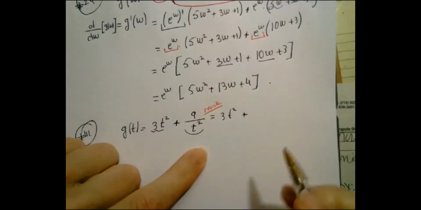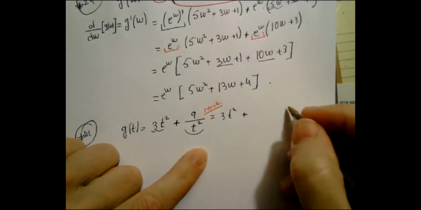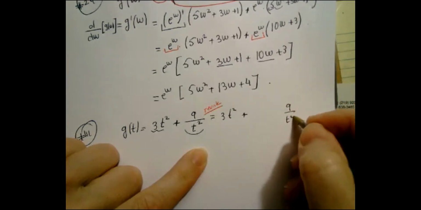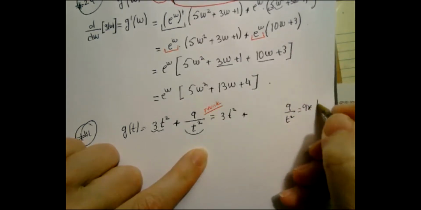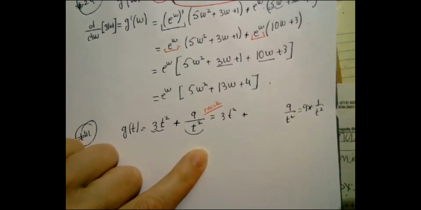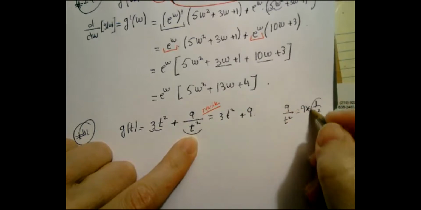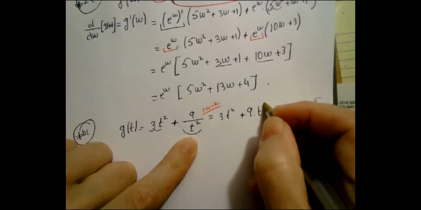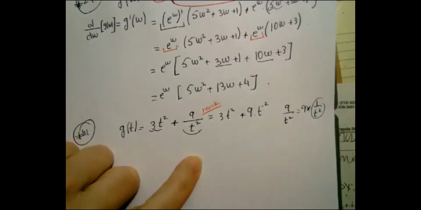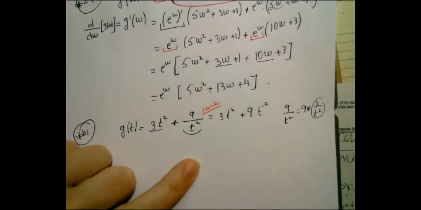So 9 over t squared is 9 times 1 over t squared. Okay, so we have to rewrite it as 9, 1 over t squared is t to the minus 2. Now my function is ready to be differentiated.